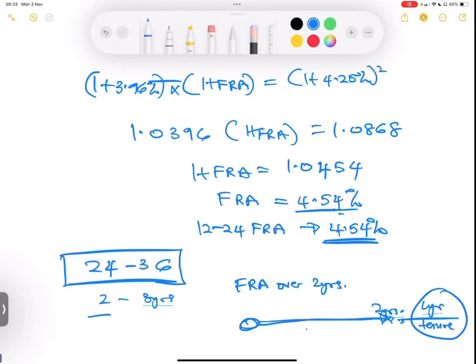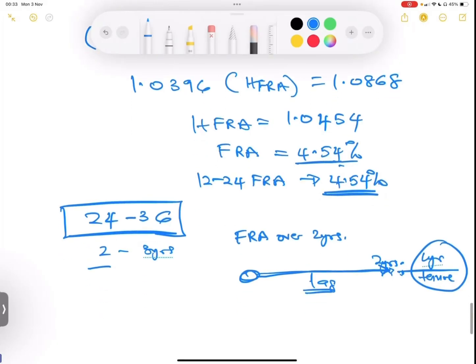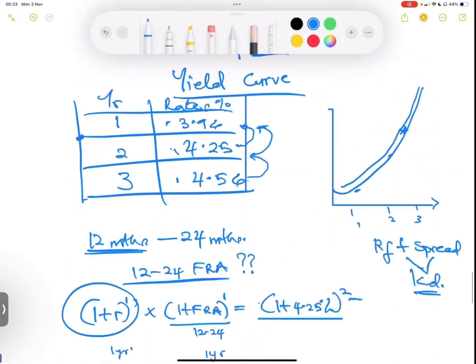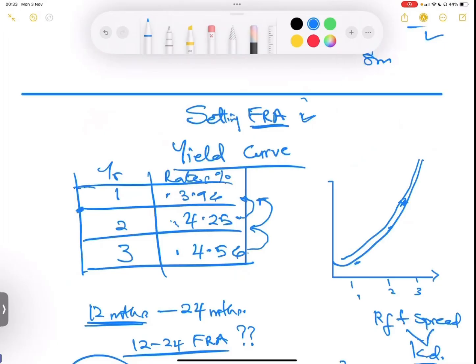So we have a lag period of 2 years, and by the time we add the tenor to it, it makes 36 months, which is 3 years. Very good. So if you want to use this yield curve to calculate FRA for 24-36, what would that be?